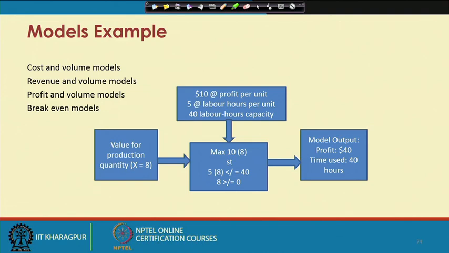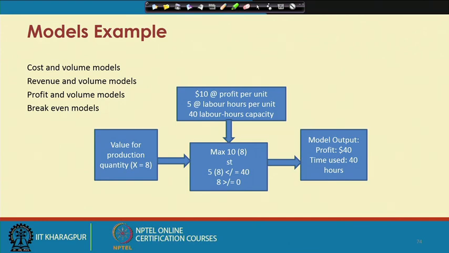Now the business is that you are going to produce a particular product, that is nothing but x, and you are going to produce x in 8 numbers, keeping in mind that you will have a profit per unit of $10, and on the input side you are able to pay $5 per labor, and the labor availability is 40.